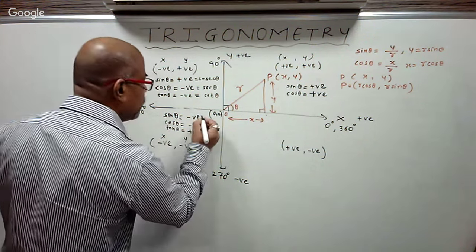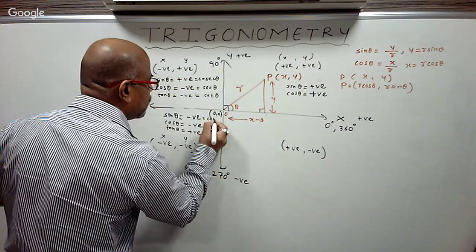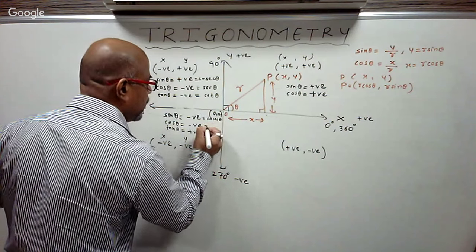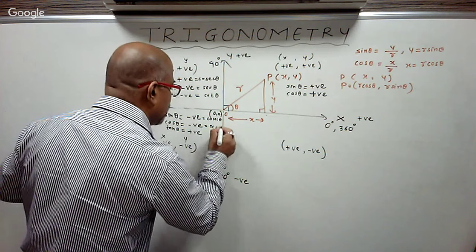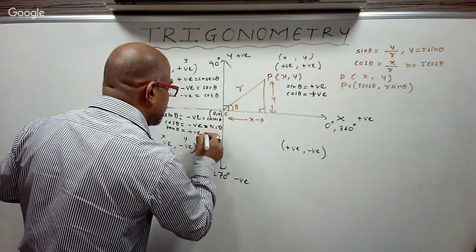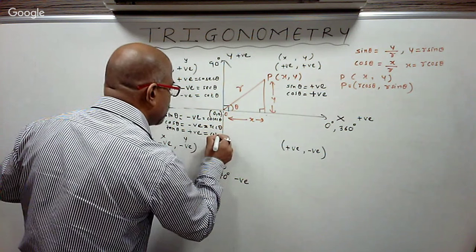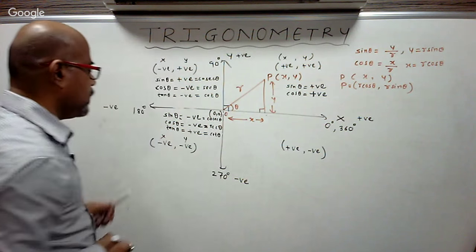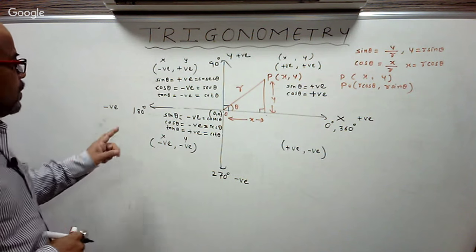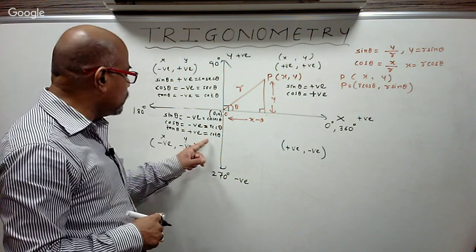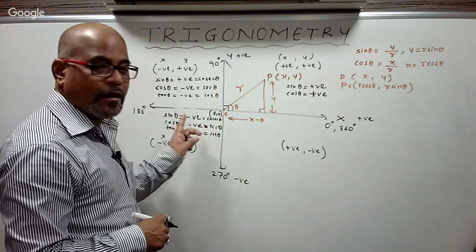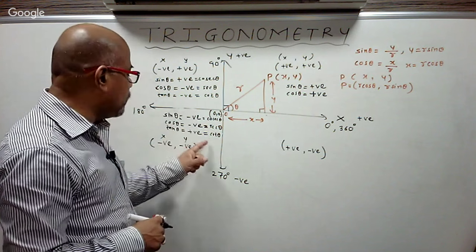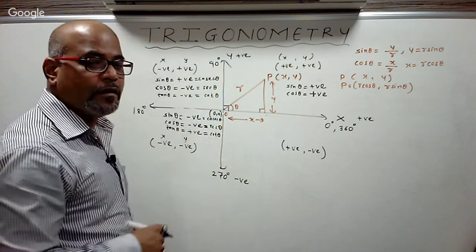As sine is negative, cosec is negative, cos is negative, sec is also negative, and tan is positive, that means cot is positive. That means in the third quadrant, tan and cot are positive; sine, cosec, cos and sec are negative. Only tan and cot are positive, the remaining four are negative.